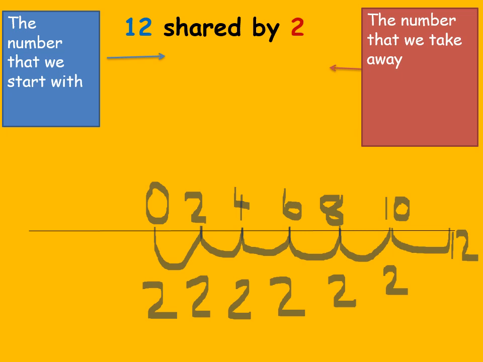So we can count backwards again. Let's go 12, 10, 8, 6, 4, 2, 0. How many times do we do this? 1, 2, 3, 4, 5, and 6. So our answer is going to be 6. 12 shared by 2 equals 6.